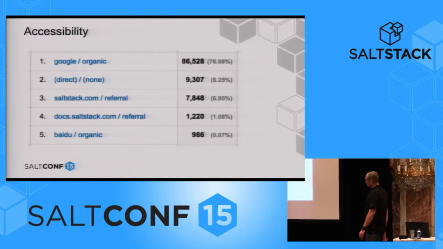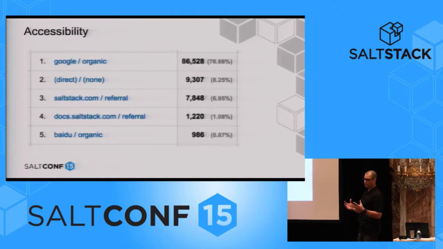What this is showing is that about 76% of our sessions start from a Google search. So you come in, you type some very specific question usually into Google, you get taken to a page on the SaltStack doc site. And I think 3 pages per visit is the average right now.